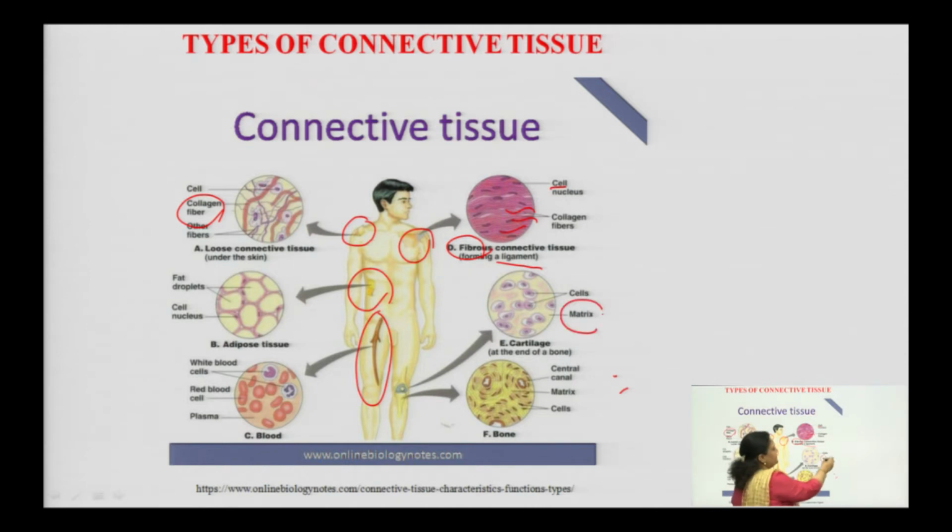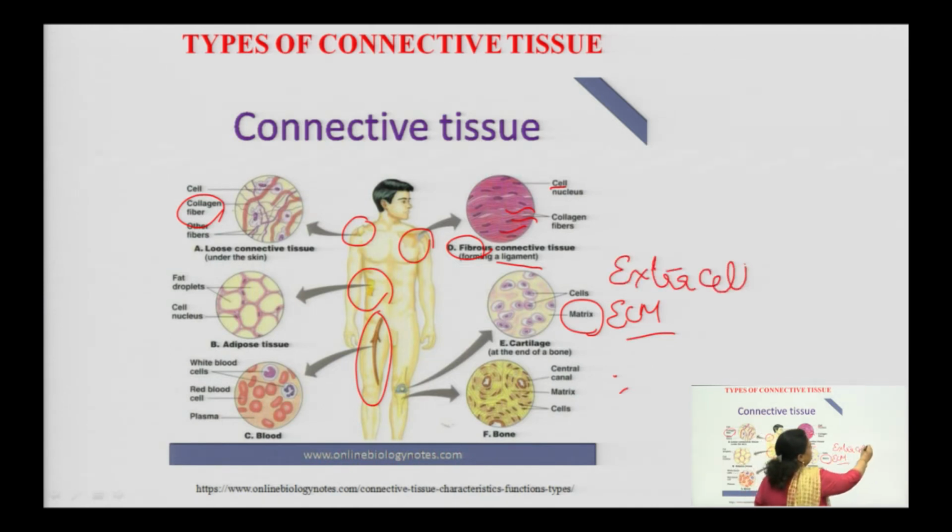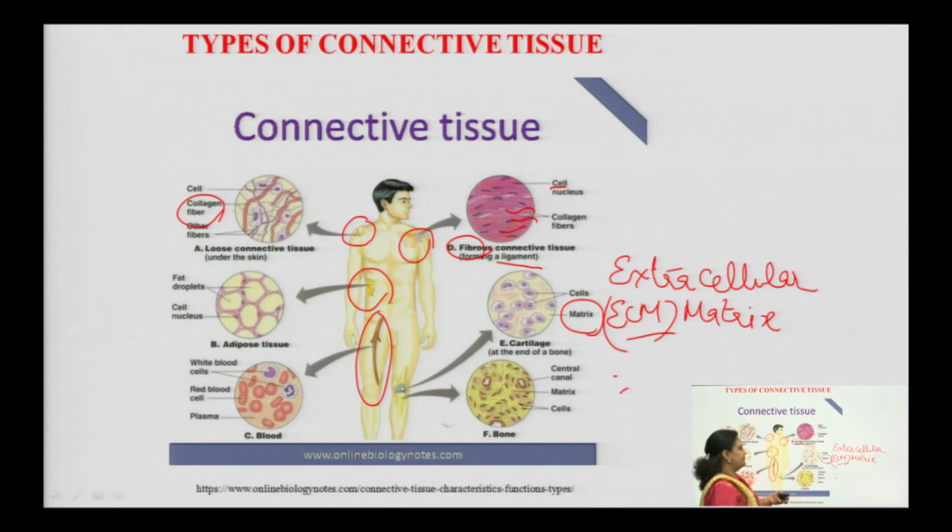This matrix is nothing but the ECM. What is ECM, students? The ECM is the extracellular matrix, where the various cells in the cartilaginous tissues are floating.